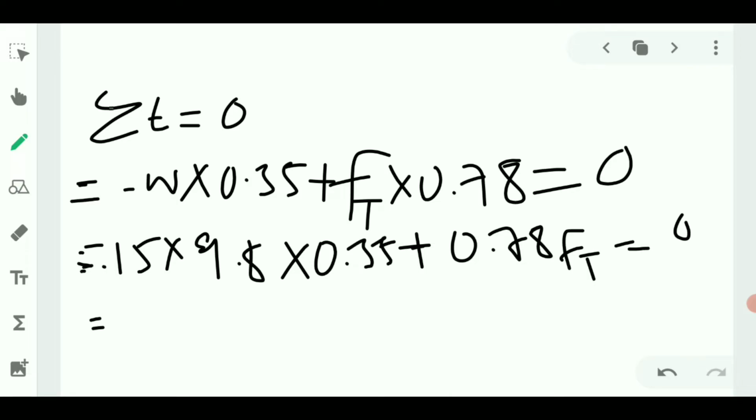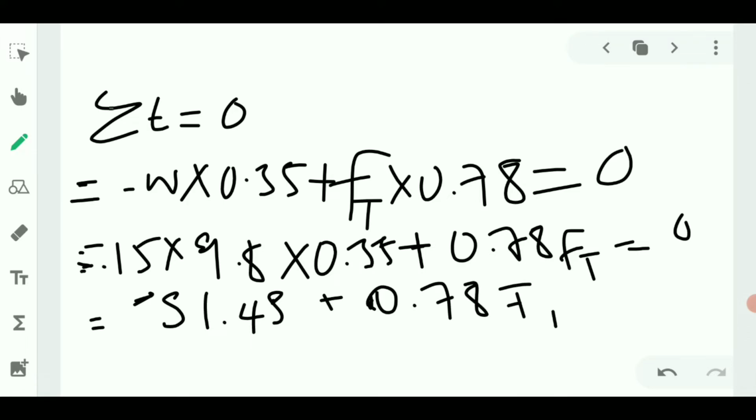If you do 15 times 9.8 times 0.35, you should get negative 51.45, which will be added to 0.78 ft, and that is equal to 0.